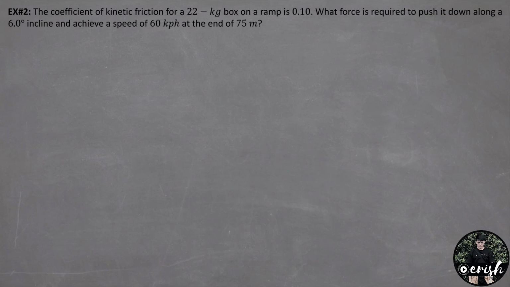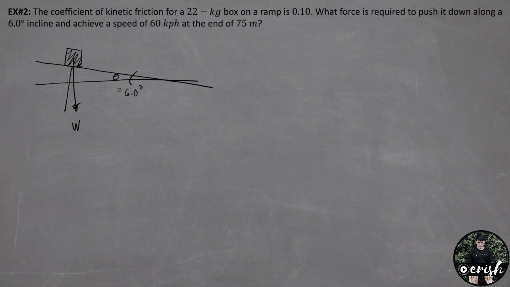Let's draw first the figure. So this is the inclination. We have angle 6 degrees and this is the box. This is the weight directly downward and this is the normal force.